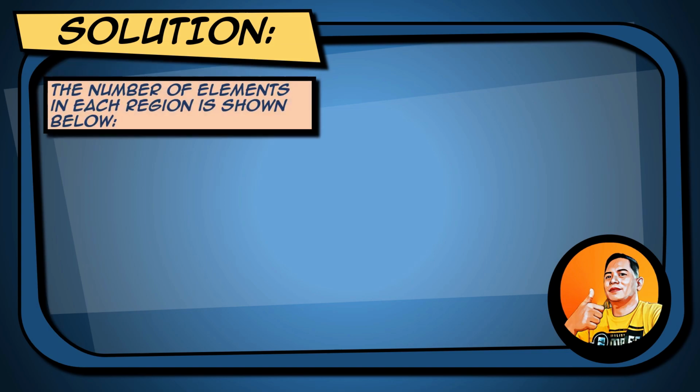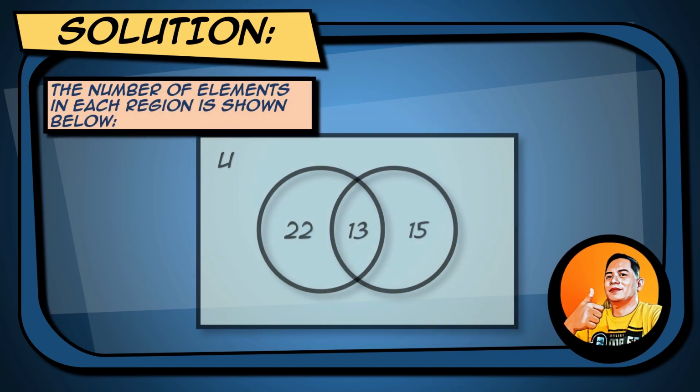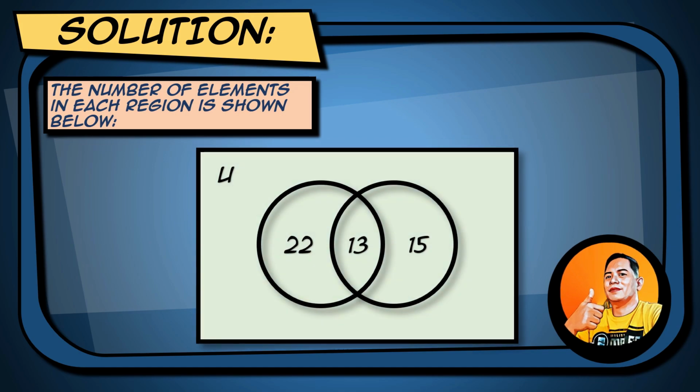And to illustrate, the number of elements in each region is shown in this figure. So we have letter M equals 22, and then letter B equals 13, and letter O equals 15.